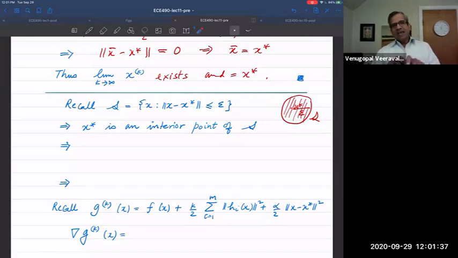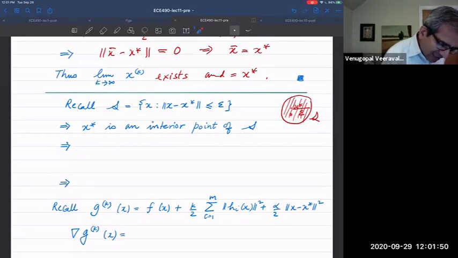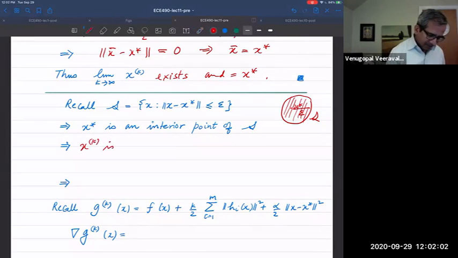Now xk is approaching x star as k goes to infinity, right? So I can make it as close to x star as I want. So as xk approaches x star, I can get inside this ball eventually, and so xk will also become an interior point for k sufficiently large.